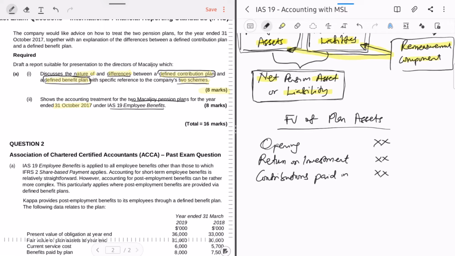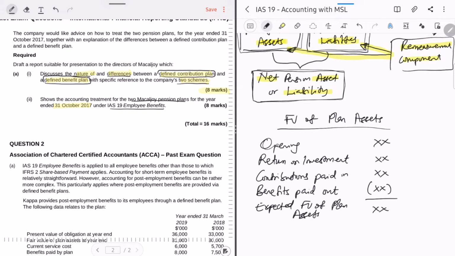Then you deduct benefits paid out to retiring employees or those who had triggered benefits. Then what this should give you should be what? Your expected fair value of plan assets.